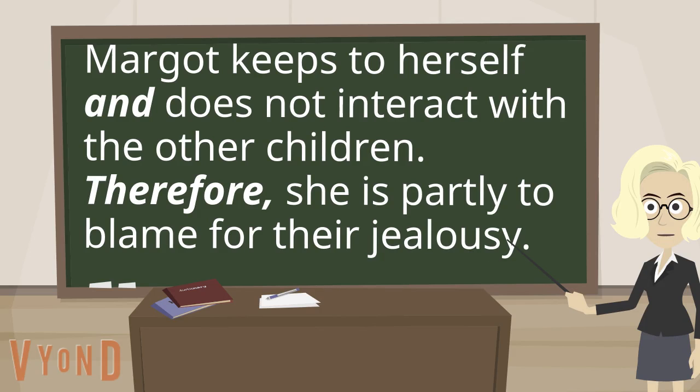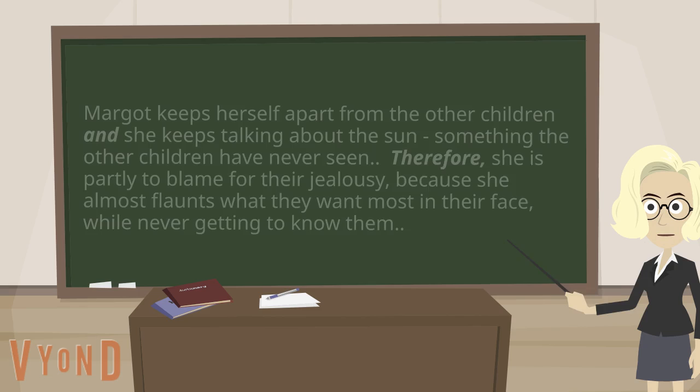For example, I could add some more evidence that shows how Margot contributes to the other kids being jealous, like that she keeps talking about the sun, something the other kids have never seen. Let me see if putting this thinking into my sentence frame helps me do a better job clarifying what I think logically.